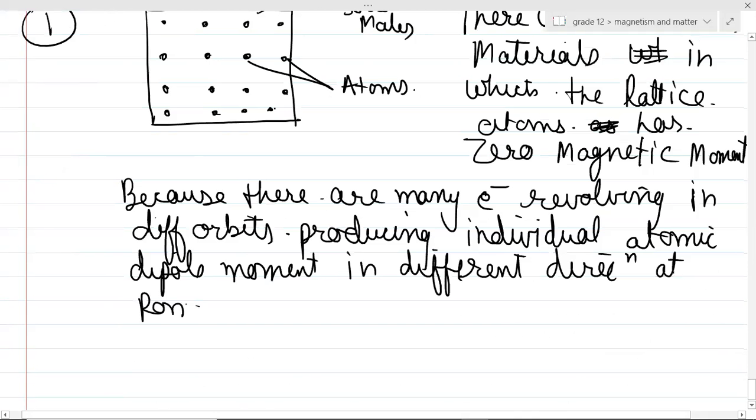So whenever these atoms produce moments in different directions at random, what will happen? They cancel out.